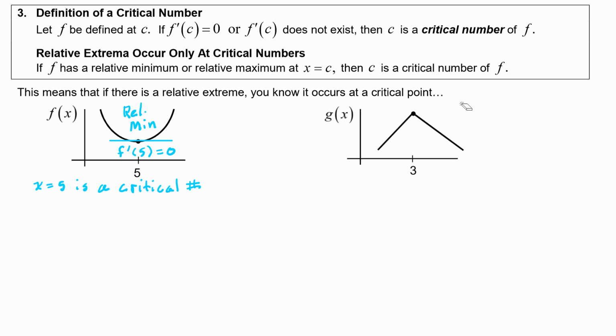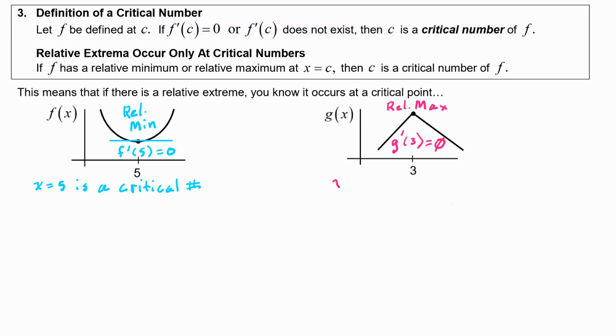Whereas here, on this graph of g of x, we've got a relative max here, and because of this sharp turn, we know that g prime of 3 does not exist. Remember that critical numbers are anywhere that the derivative of the function is 0 or does not exist.